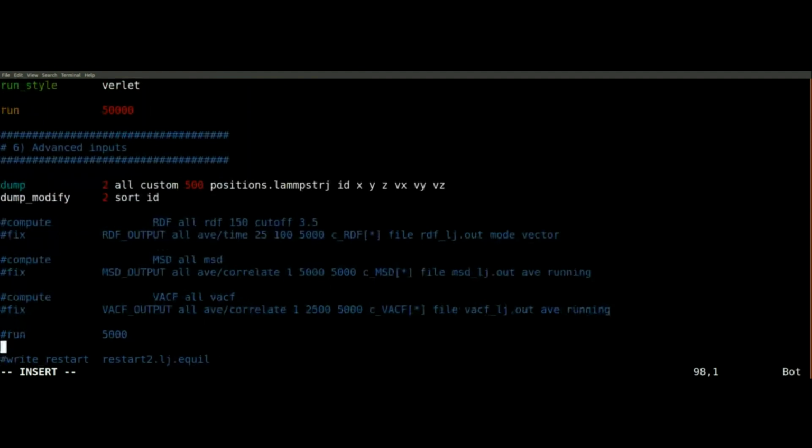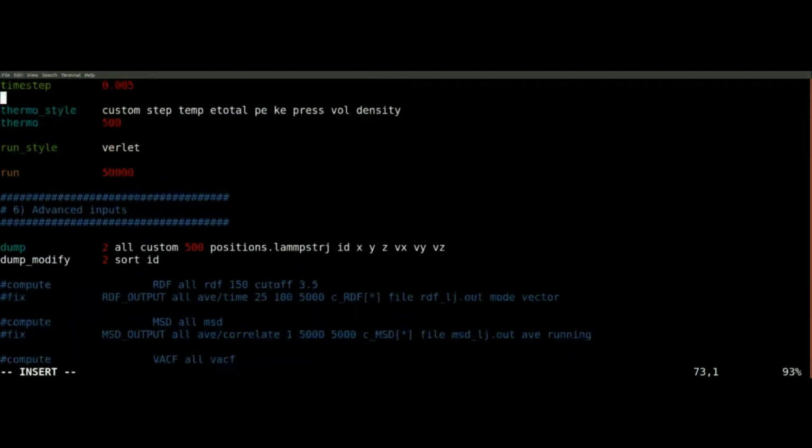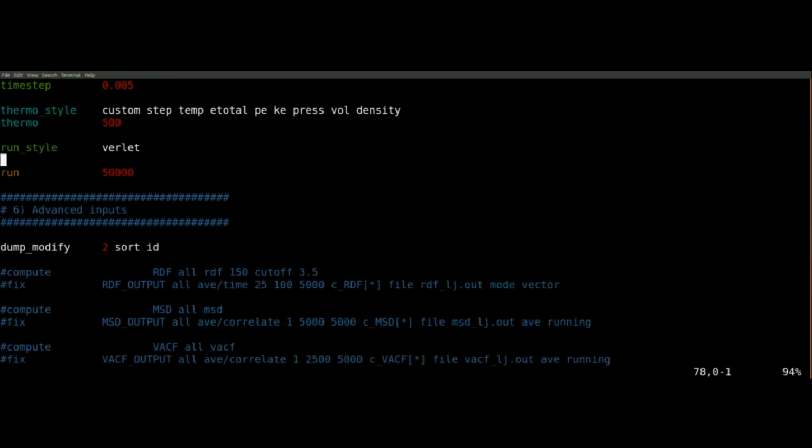There is a run command below it, but it is currently commented, so instead what I will do is I will move this up. Make exactly the same mistake a second time.